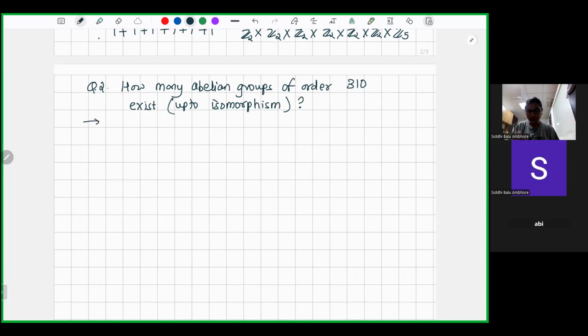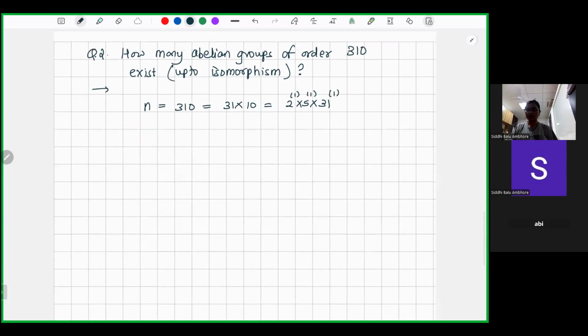what you can do is that you will again use the structure theorem and you will write the prime factorization of this 310. So this is 2 into 5 into 31, right? This is the prime factorization of this n. And every prime has exponent 1 here.